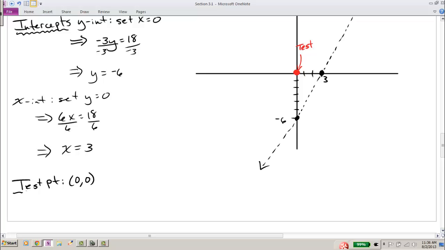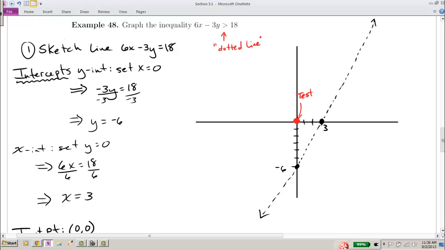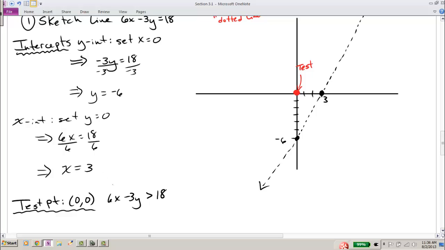And we're going to do this by plugging it into the original inequality. So our inequality was 6x minus 3y greater than 18. And all I'm going to do is see if plugging in the values x equals 0, y equals 0 satisfies the inequality.